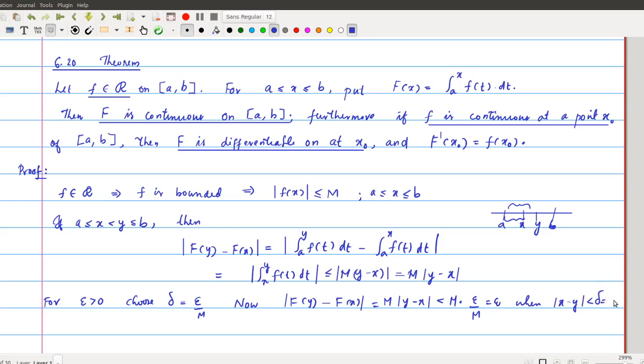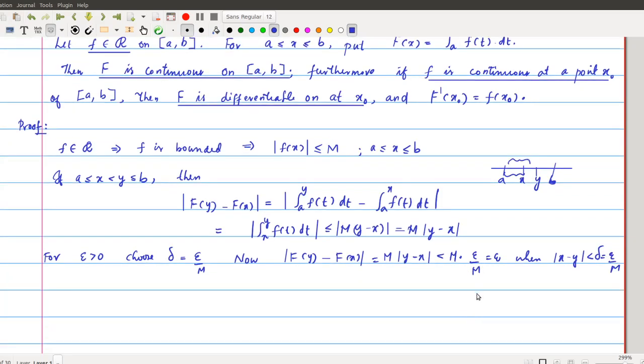Delta is chosen as epsilon by M. So whenever this quantity is less than epsilon by M, this quantity will be less than epsilon. So this proves the continuity of F on the interval [a, b].